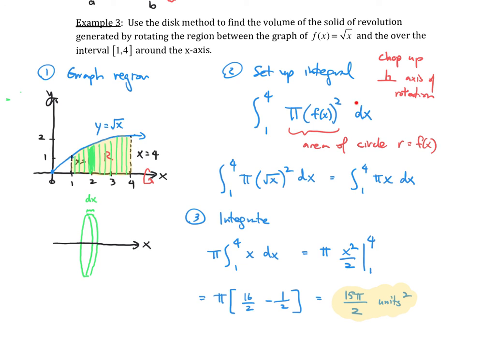That's why we have a dx integral. Look at the smallest and largest values of x that you have in that region. It's going to be from 1 to 4. And then just substitute the f of x into your formula for a circle, because the cross-sectional area is a circle. After you've got it all set up, the last part is just to integrate it.